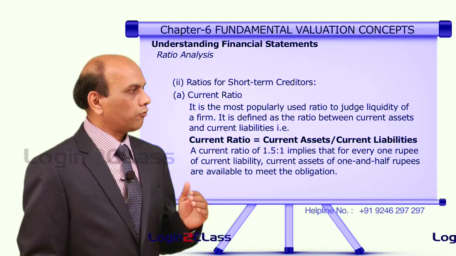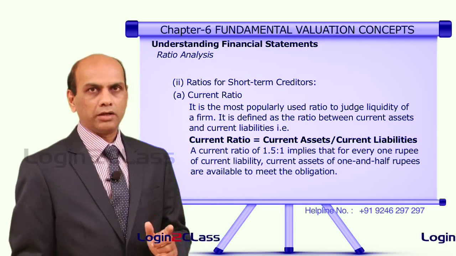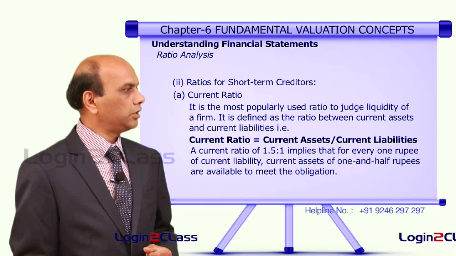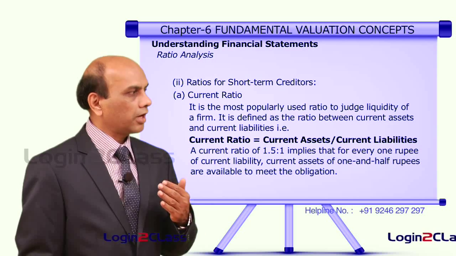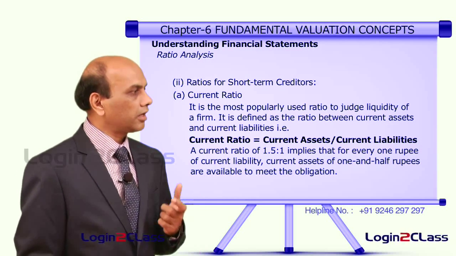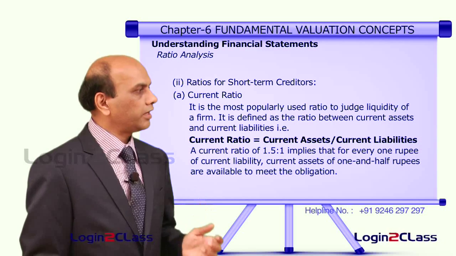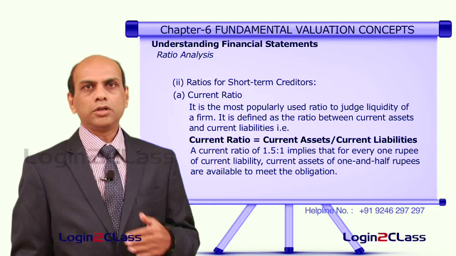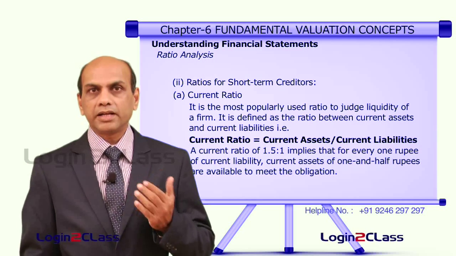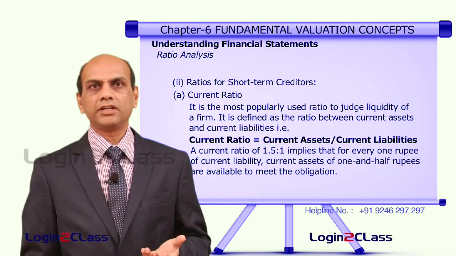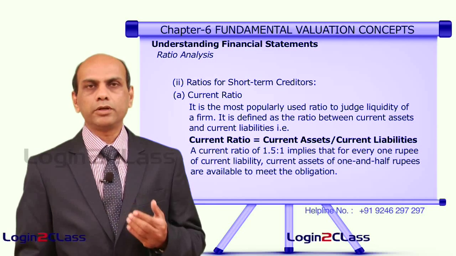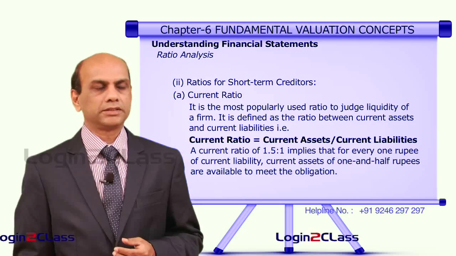A current ratio of 1.5 is to 1, that is 1.5 of current assets to 1 of current liabilities, implies that for every 1 rupee of current liability the company has, the current asset is 1.5 rupees which is available to meet this obligation of current liabilities. That means it has got 1.5 times more of current assets compared to the current liabilities, which is a very good situation for such companies.